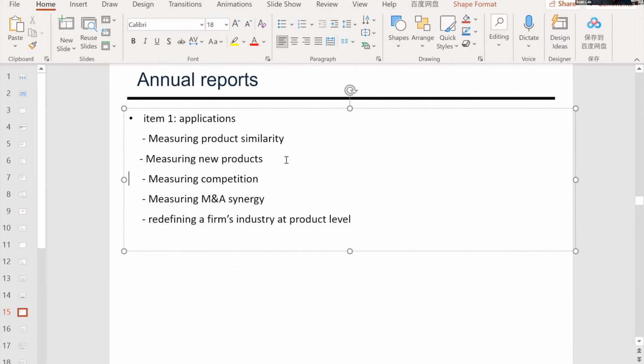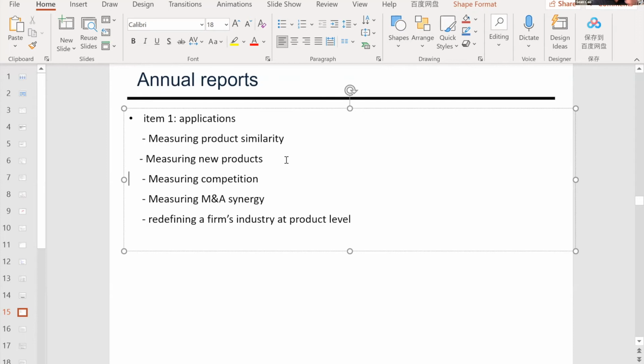So you can measure the similarity. For any firm, you can measure which firms have similar products with the firm, by looking at the similarity between the product descriptions of the two firms. You can measure the new products. How do you measure new products? You look at Nike's this year's product description with the previous one.